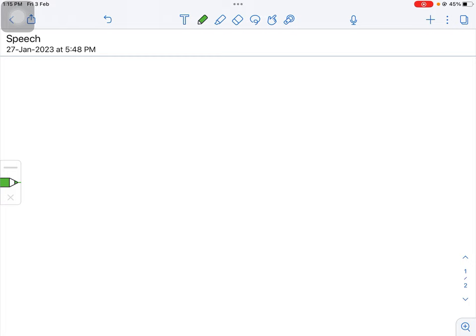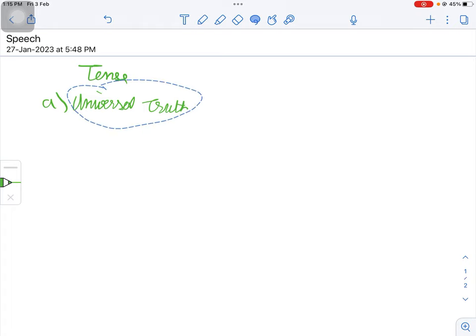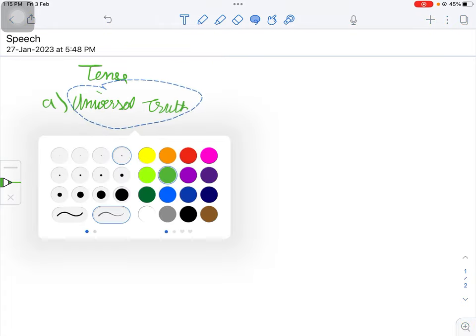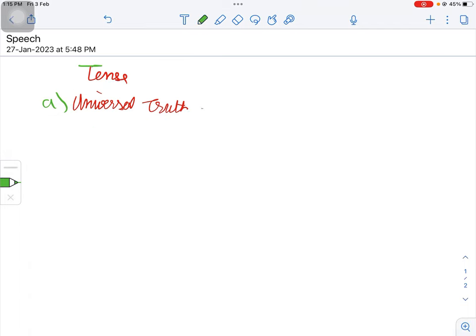Now let's move to the tenses. If it is a universal truth, then the tense remains the same.